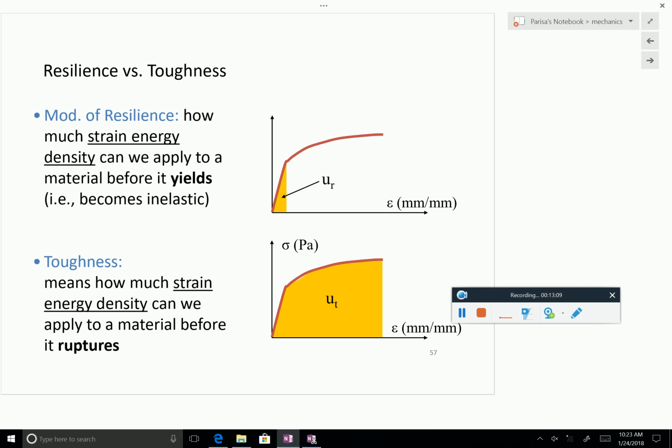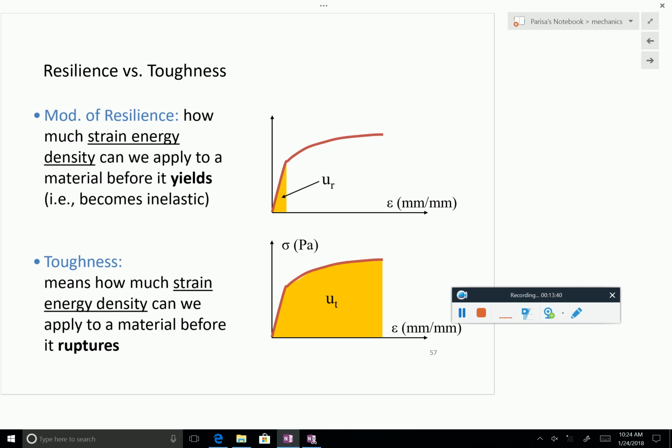So resilience and toughness are two special definitions related to strain energy density. And they turn out to be very useful to decide what material to choose for which application. We are going to look at toughness, for example, when we talk about fracture mechanics. You see how important it is to know how tough the material is.